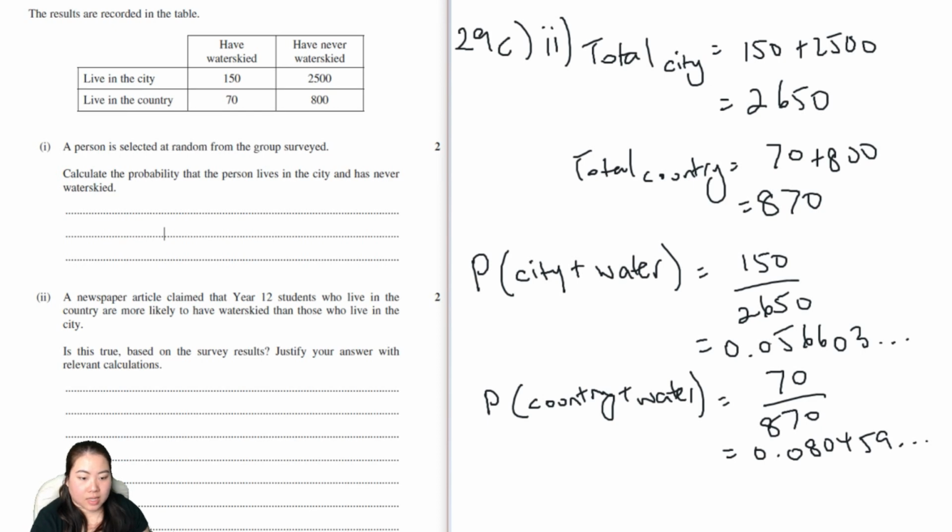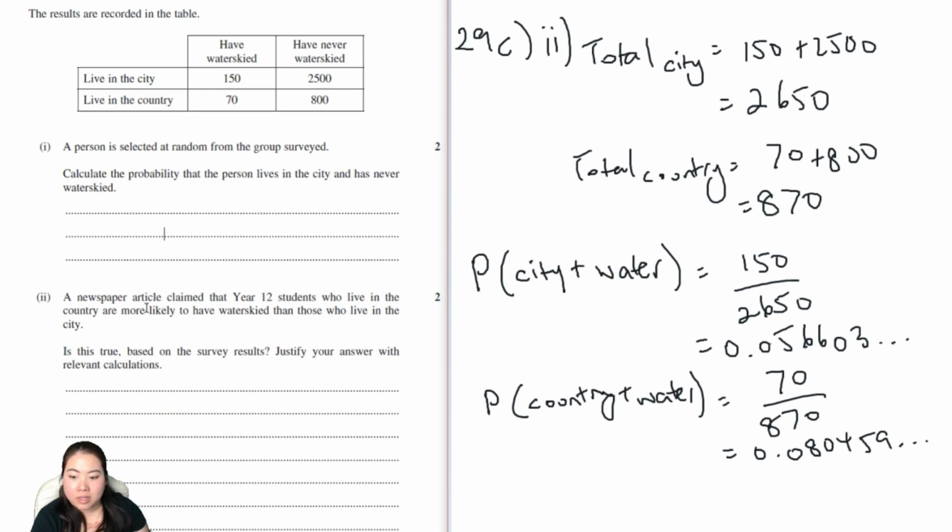And as you can see, the people who live in the country have more of a chance of having water skied than the people who live in the city, because there's an 8% chance that people who live in the country have water skied versus only a 5 to 6% chance of people in the city water skiing.